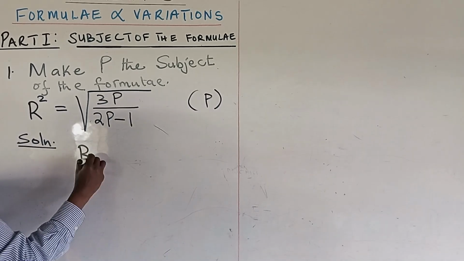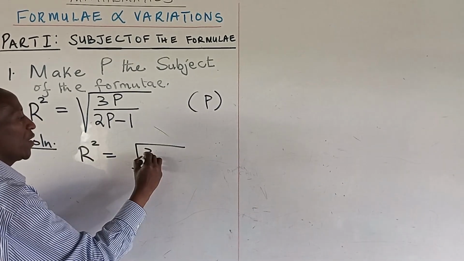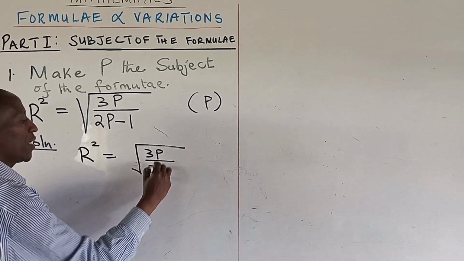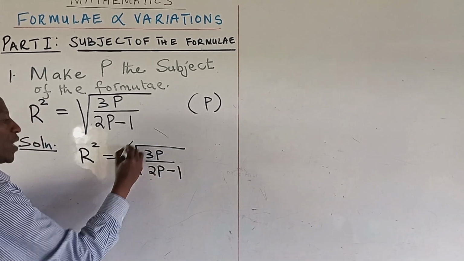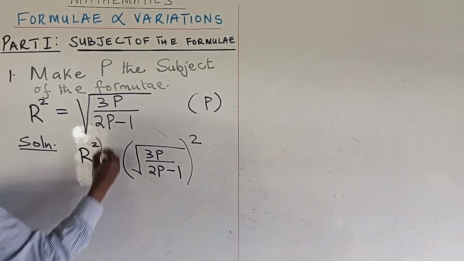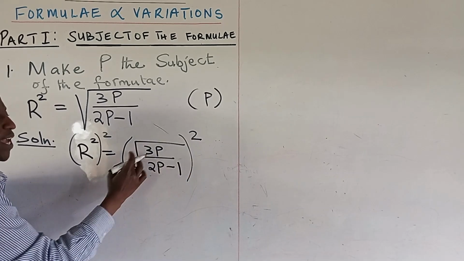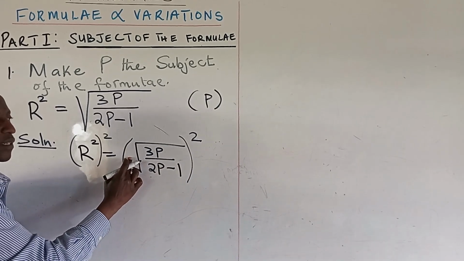So we have r squared being equal to the square root of 3p all over 2p minus 1. We are saying step number 1 is to square both sides. By squaring, we are able to undo the square root.